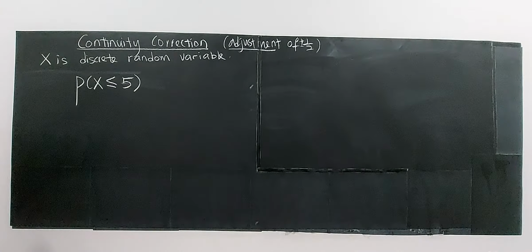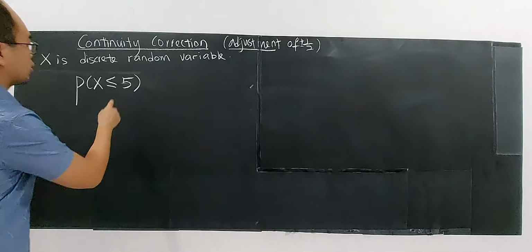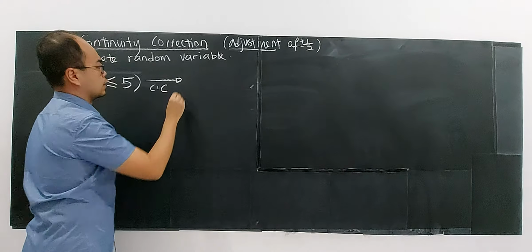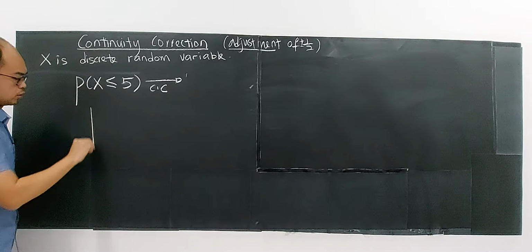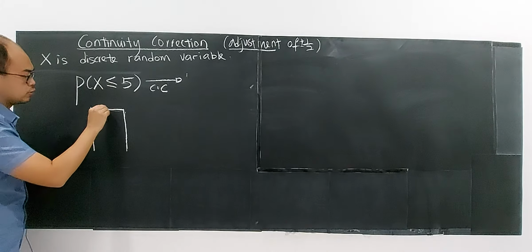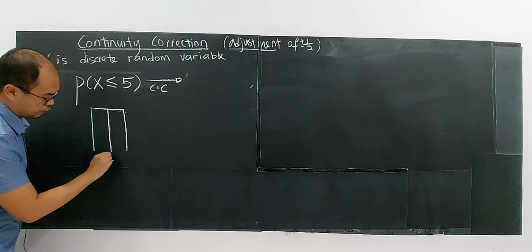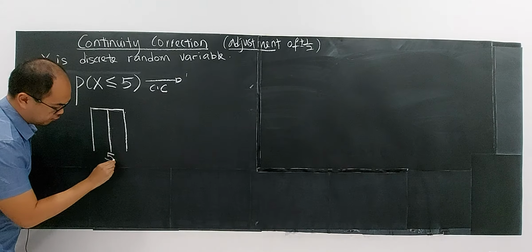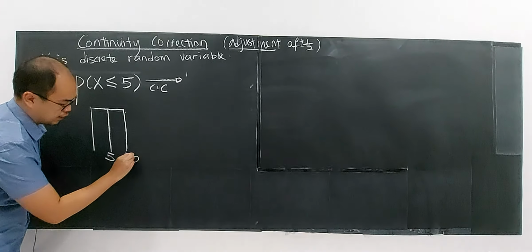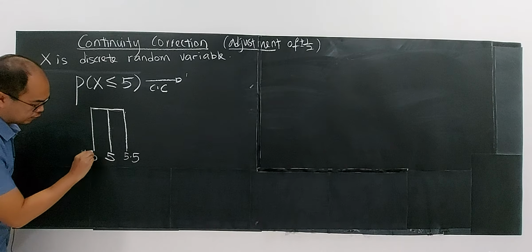So what if they ask you to do continuity correction for this? If you want to do continuity correction, very simple. You draw a box. The box, you have only one value, 5, right? So you put 5 here. So plus 0.5, 5.5, minus 0.5, 4.5.